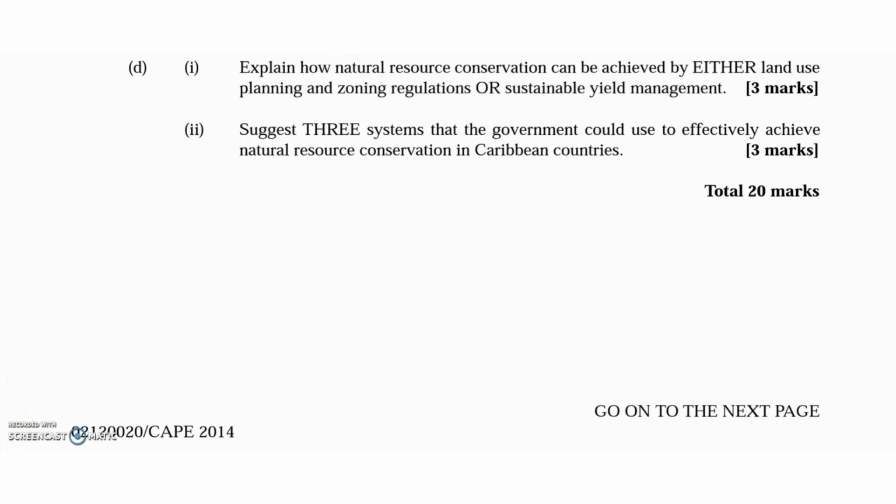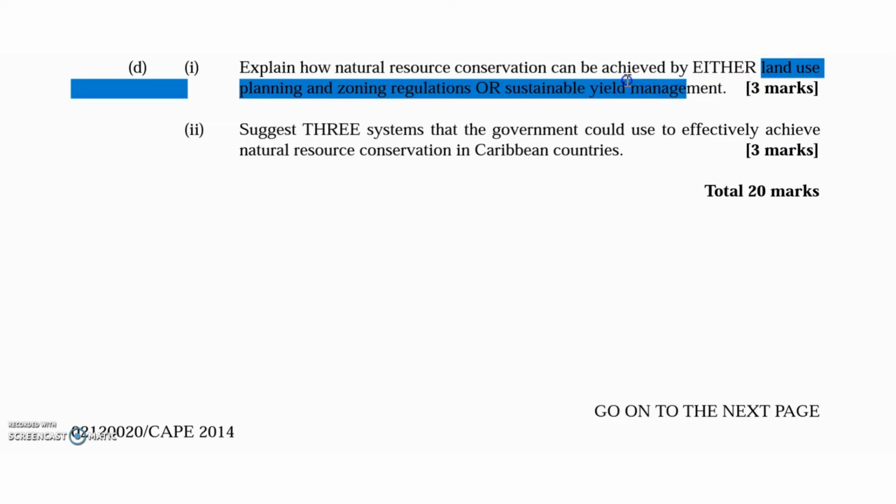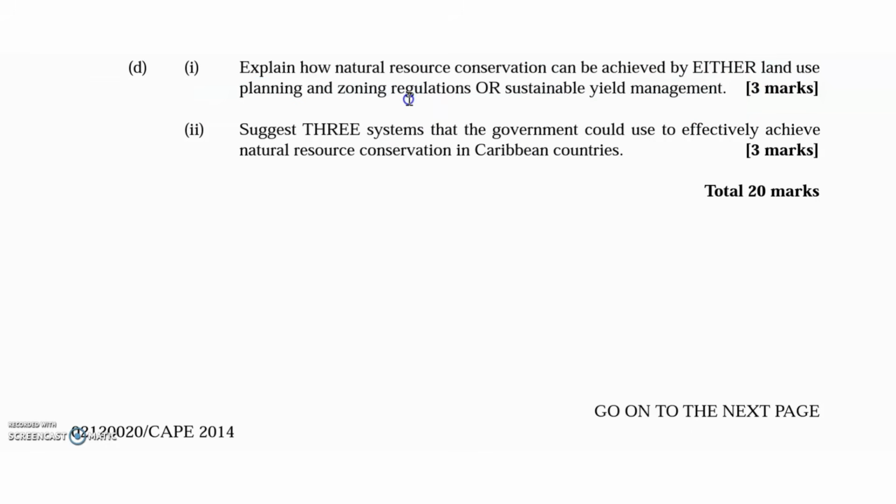Now, part D, part 1: explain how natural resource conservation can be achieved by either land use planning and zoning regulations, or sustainable yield management. Now, folks, I'm going to talk about both of them.